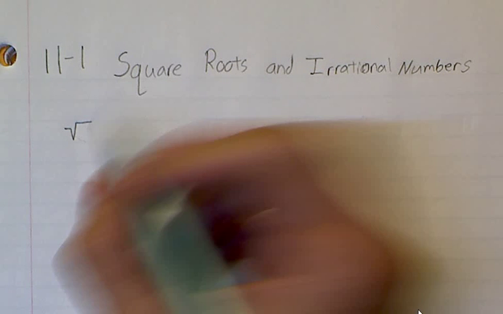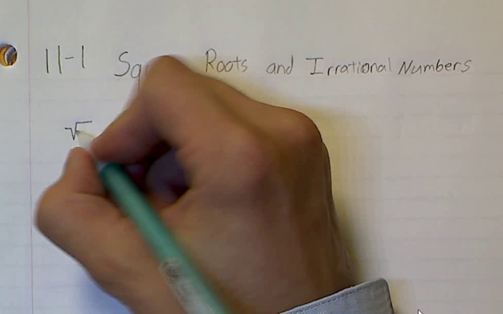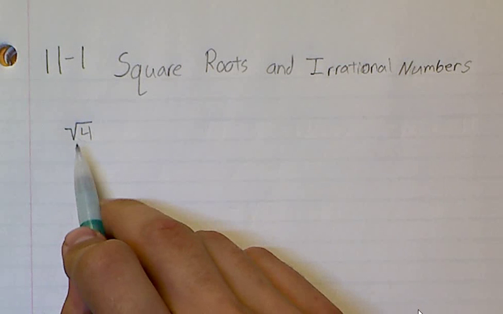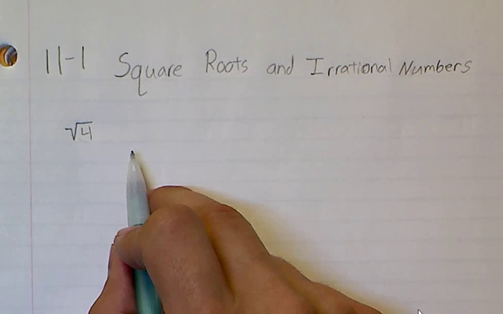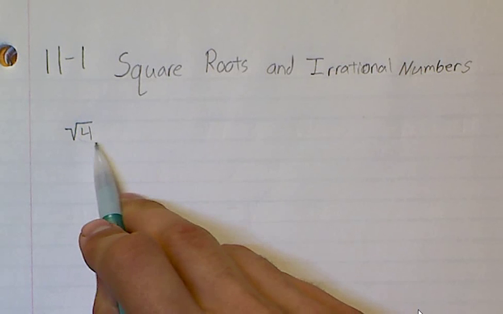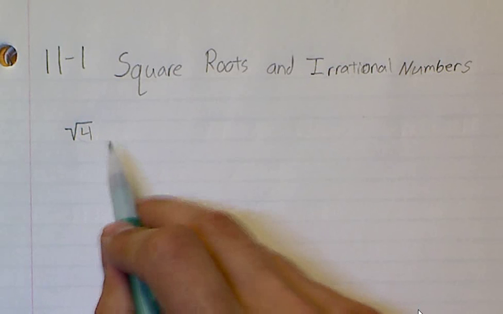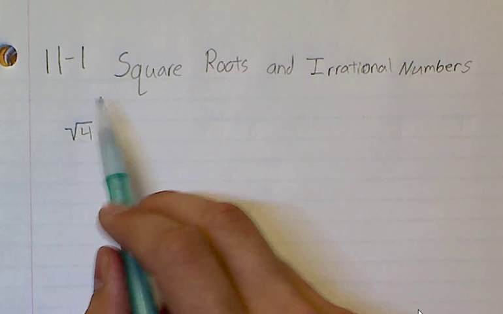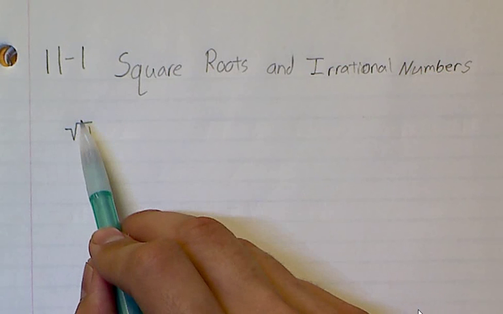We have to add a number to it. So we're going to start off with 4. You read this as the square root of 4. When you see this, you need to say the square root of 4.